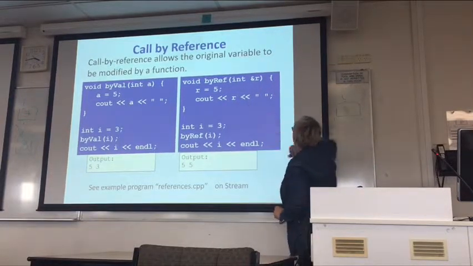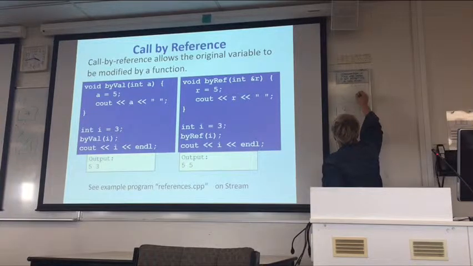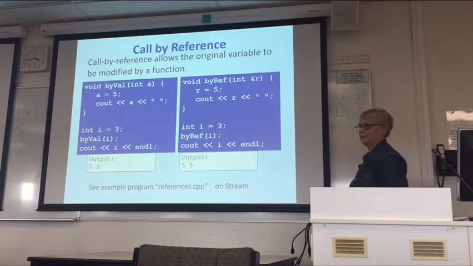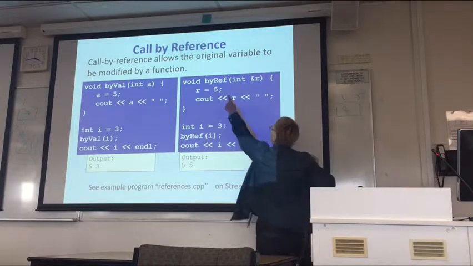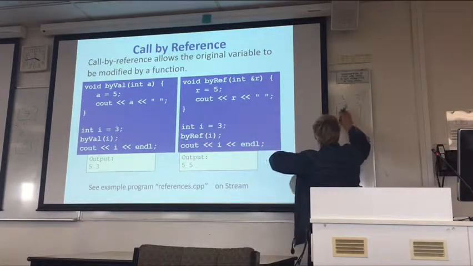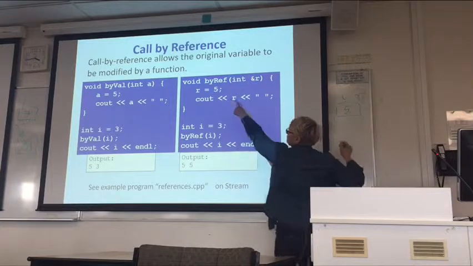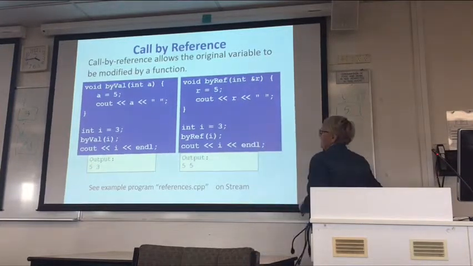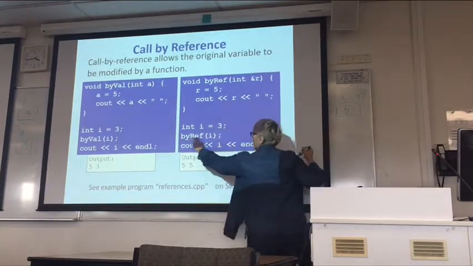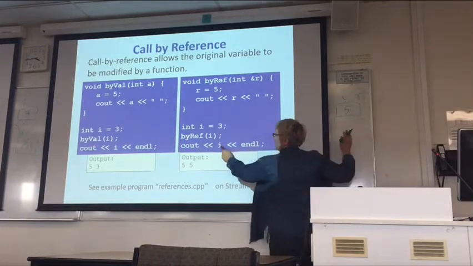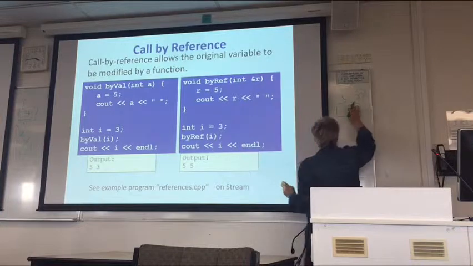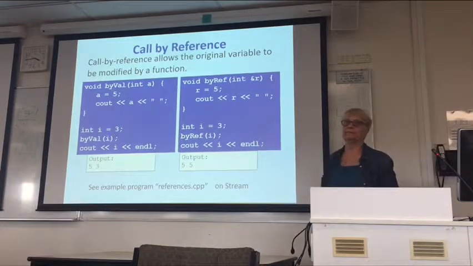When the function is called, R is another name for I. Nothing new is created. Therefore, the 3 is changed to 5, like here. 5 is displayed. When the function ends, it ends, and I is displayed, and 5 is displayed.